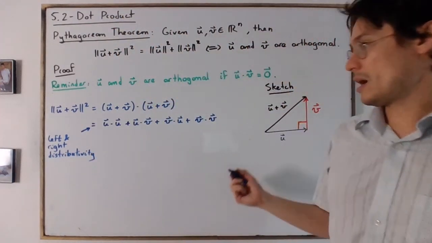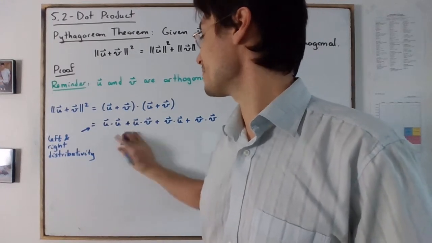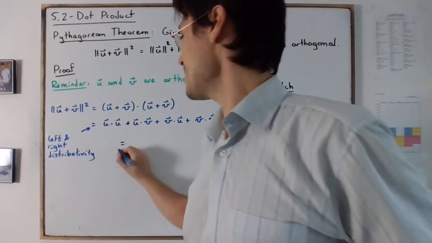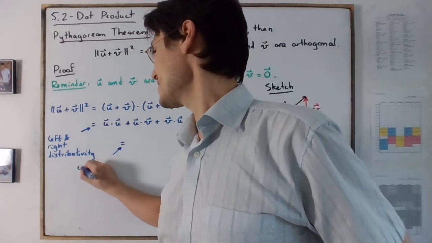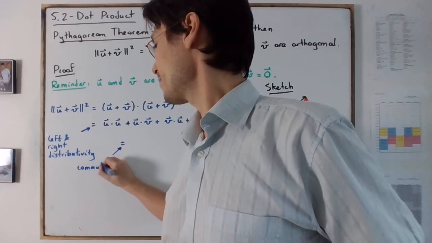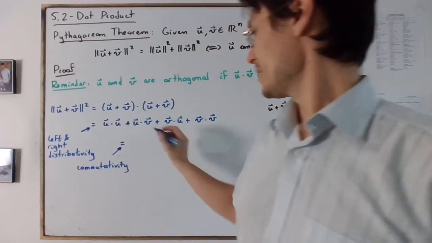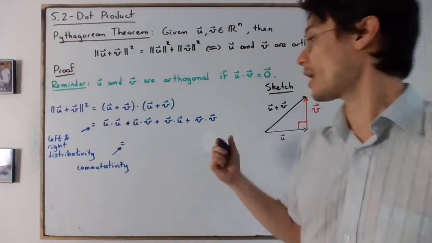The next property that I'm going to use is commutativity. The fact that these two things commute means that they combine to give you 2 times u dot v.